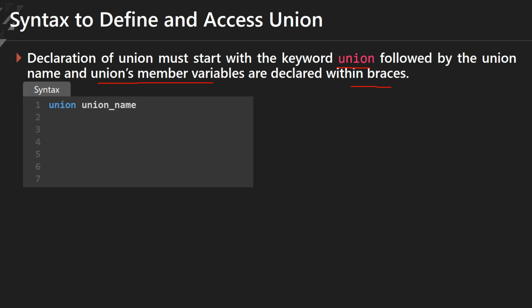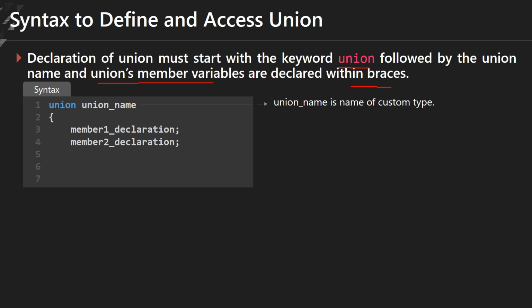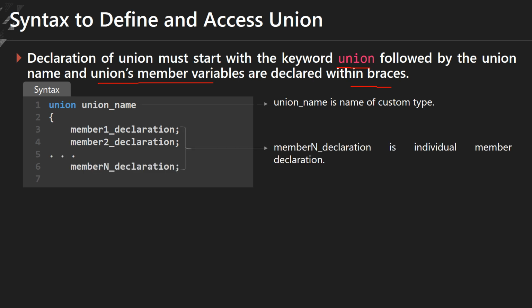Union is a keyword, then a name has to be given, defined by the user, that is a custom type. Then you can declare the union members, right? These members are individual declarations, each with a different data type, closed with curly braces and terminated by a semicolon.